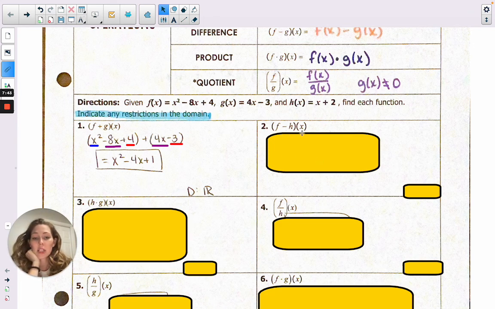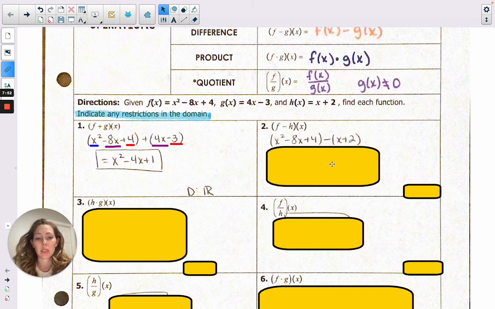f minus h of x, number 2. So I'm recording f down again, in parentheses, a subtraction sign, and then h of x in parentheses, just like this. So record that down. Pause the video if you need to. With subtraction, everything in the second piece gets the subtraction sign.